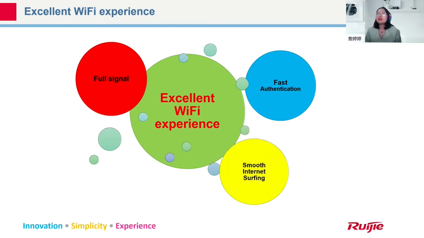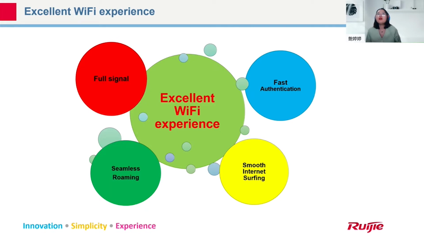Another one is that we can provide smooth internet surfing. When we go around, all the resources we can visit, although maybe on the car, although maybe at work. And another one is seamless roaming. These are the main four requirements we want in the network: a full signal and faster authentication, smooth internet surfing with higher speed, and seamless roaming.